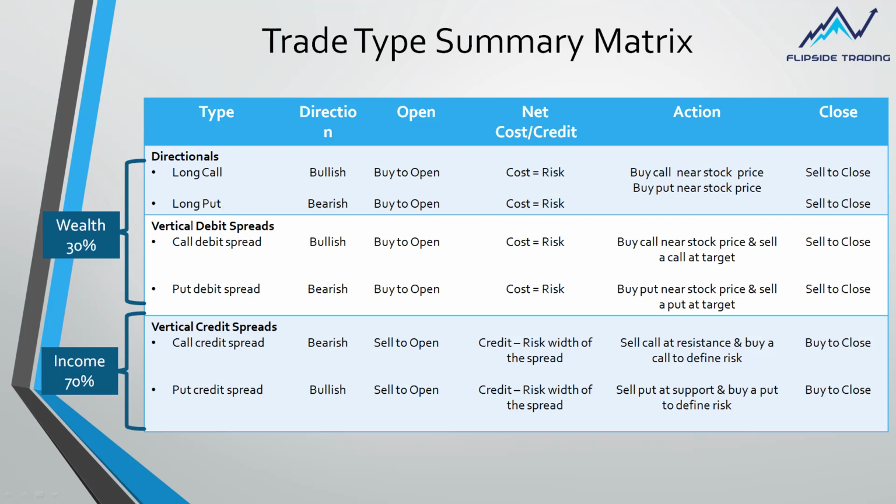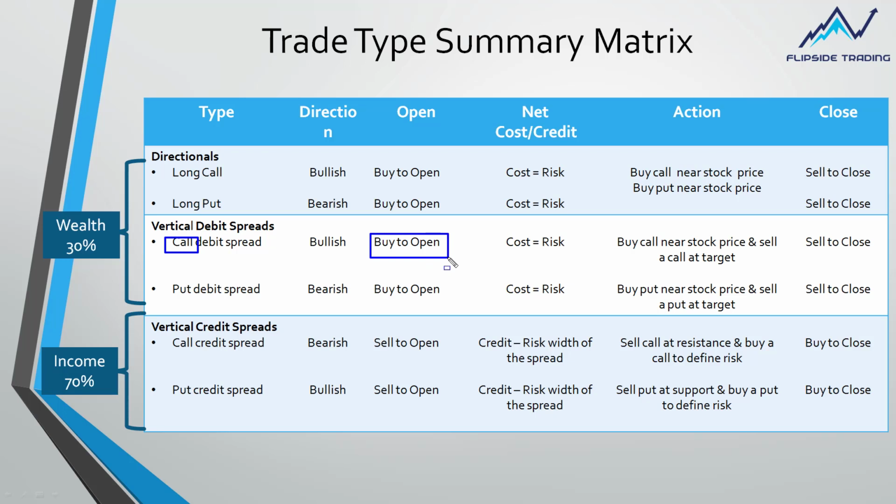Our vertical spreads, debit spreads. Think about bullish. What's our bullish instrument? When we're doing a debit, it means we're buying something. So your bullish instrument when you're buying something is a call. We're going to buy it to open.